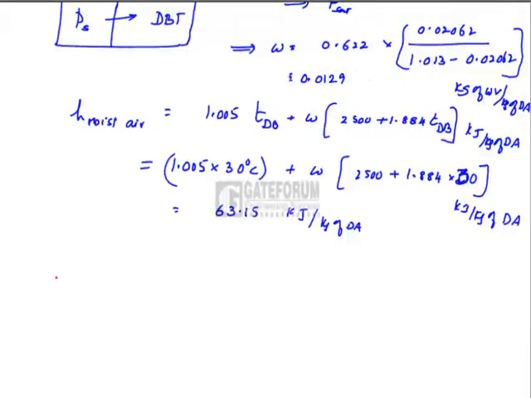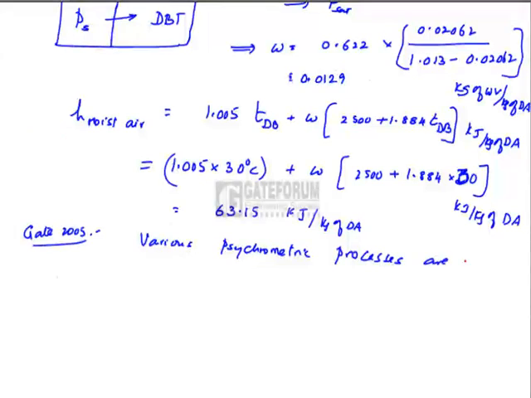Next, the problem is given from the GATE 2005. The problem is given like this. Various psychrometric processes are shown in the figure below.